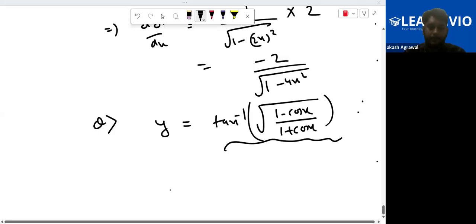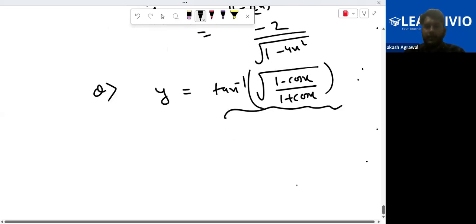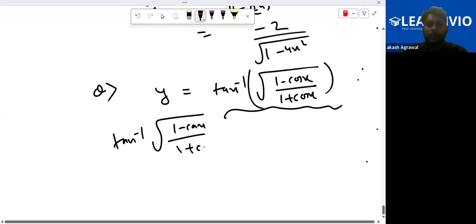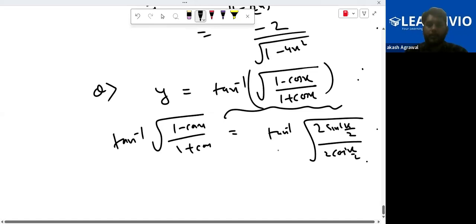Solved it, anyone? 1/2. Okay. Let's see how to simplify this. We have tan inverse root of 1 minus cos x upon 1 plus cos x. So 1 minus cos x becomes 2 sin square x by 2, upon 1 plus cos x becomes 2 cos square x by 2, root.